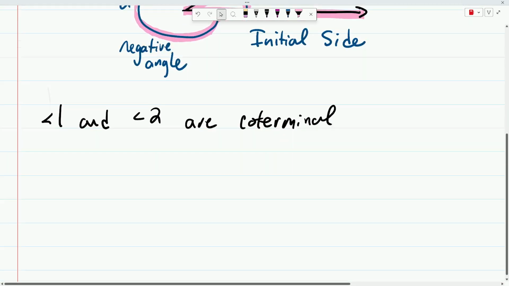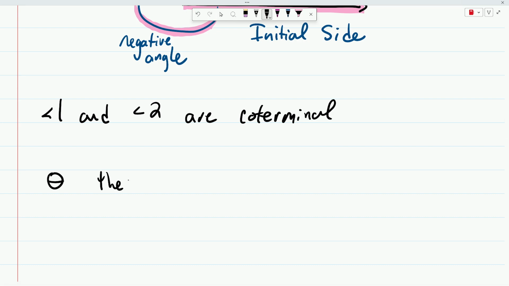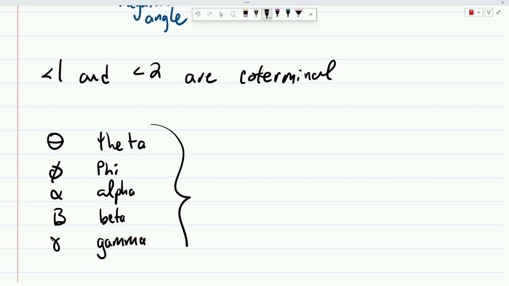All right? Now, angles are normally given letters or names. So the symbols that we use for angles are going to be theta, phi, alpha, beta, even gamma, and if you notice, these are all Greek symbols.